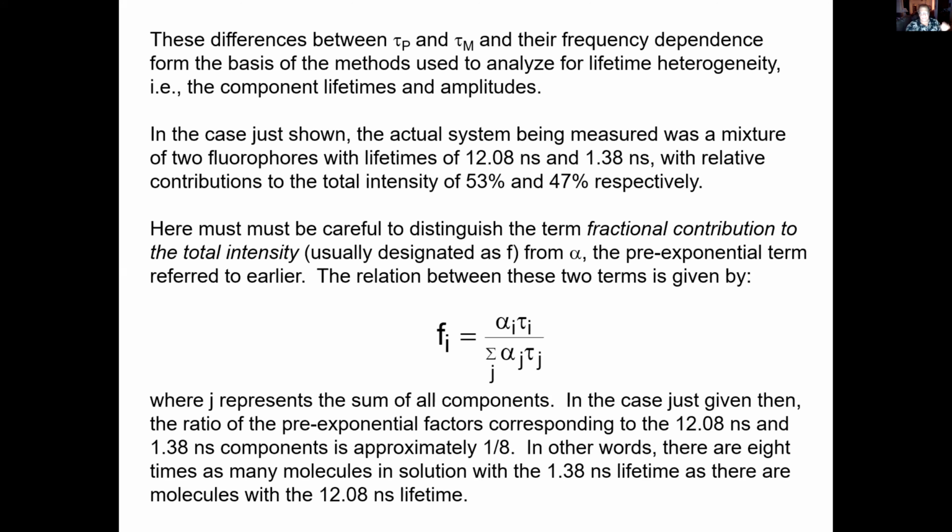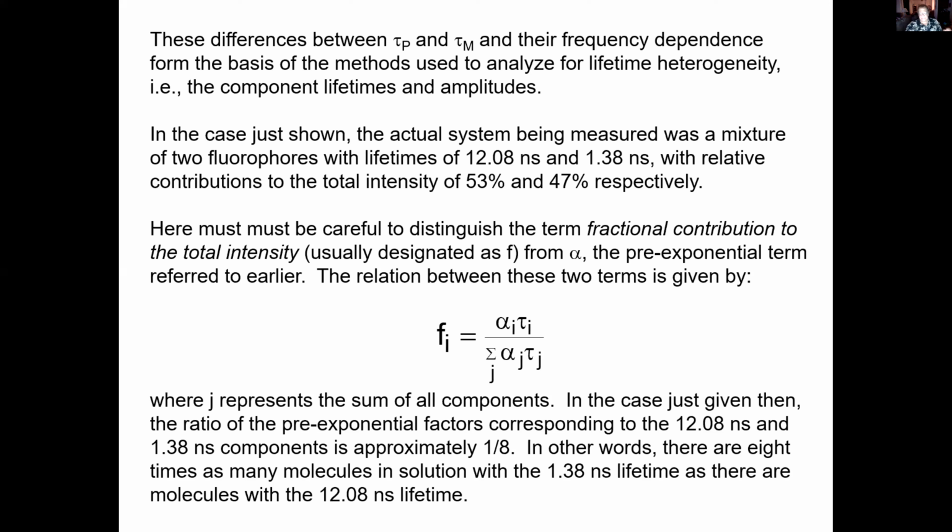So in this case, the ratio of the pre-exponentials was about 1/8. In other words, there were 8 times as many molecules in this solution with the 1.38 nanosecond lifetime as there were molecules with the 12.08 nanosecond lifetime.